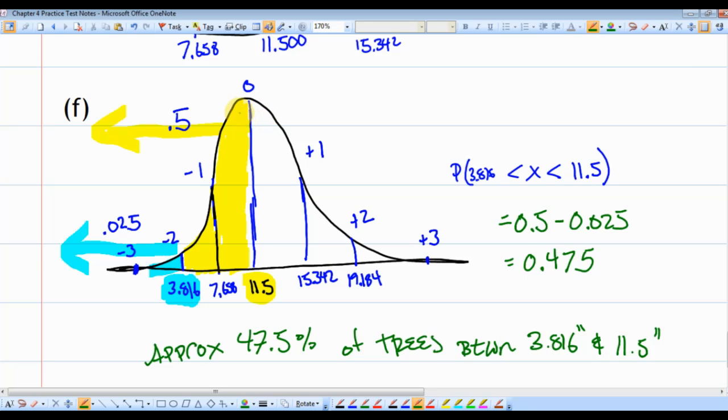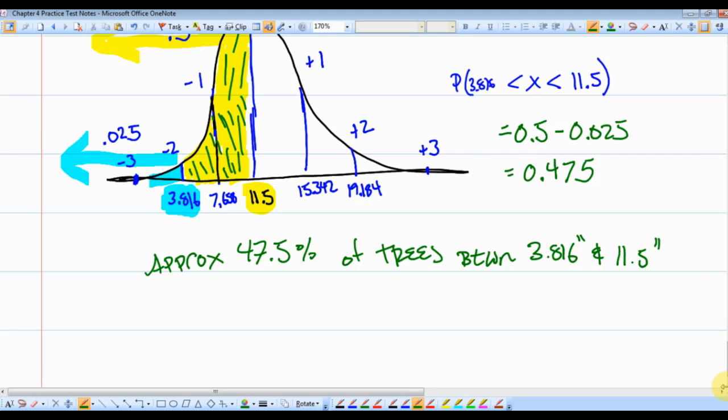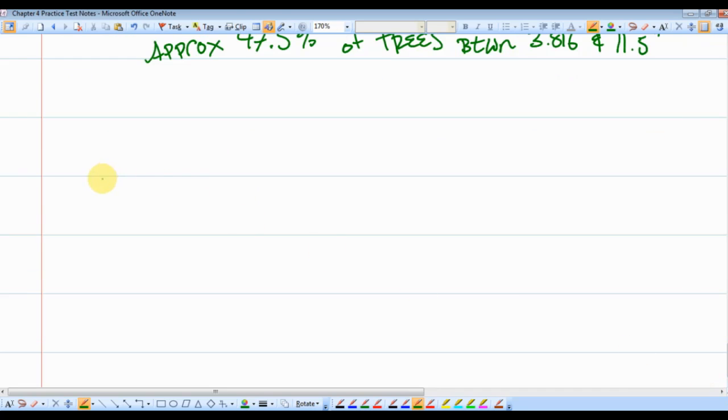Can you explain what the 0.025 and 0.5 are? Those are the areas for the z-scores? Yeah, that's the area for the z-score. Let me show you where that comes from. Let's remember that if we have a z-score, well, first of all, at a z-score of 0, the 2 areas here are 0.5 and 0.5, right?